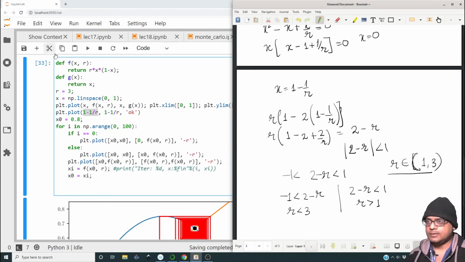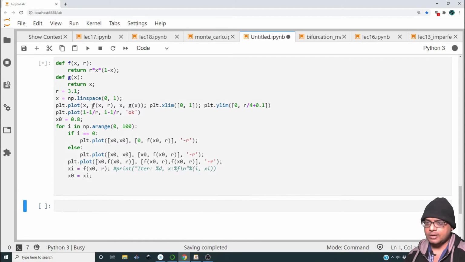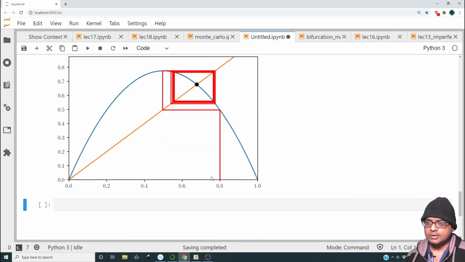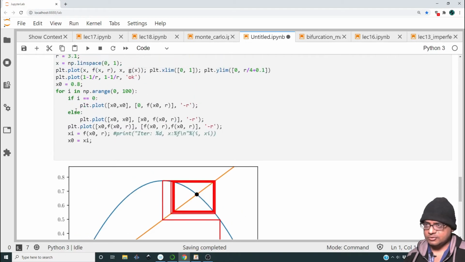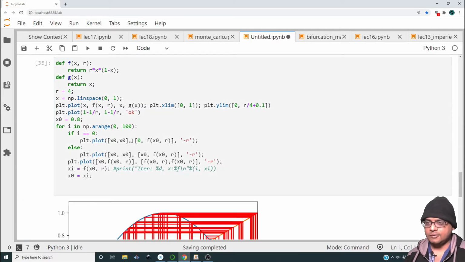So let me make it 3.1. Let us see what happens. Well, it just keeps on going, and most likely it will diverge after so many iterations. I have not kept the number of iterations very high, but let me increase this. Let me make it 4. It will be clear.